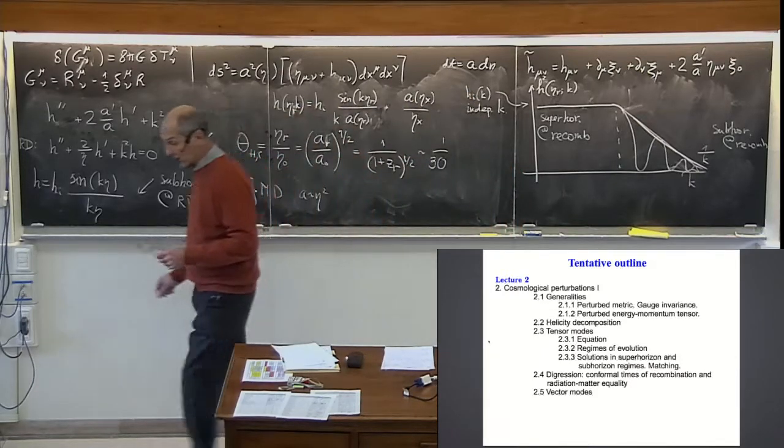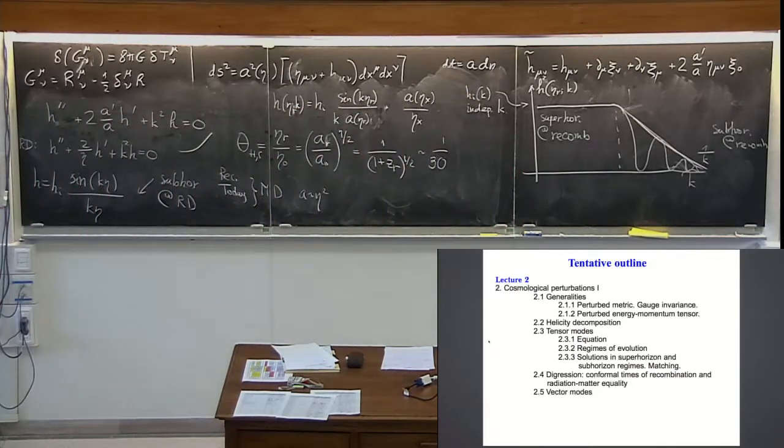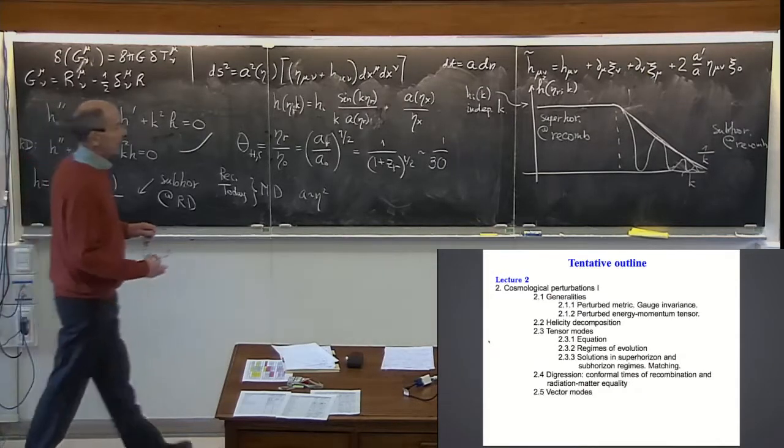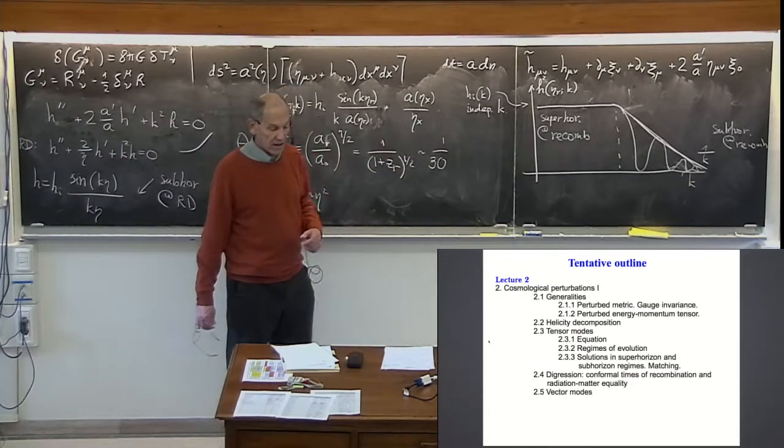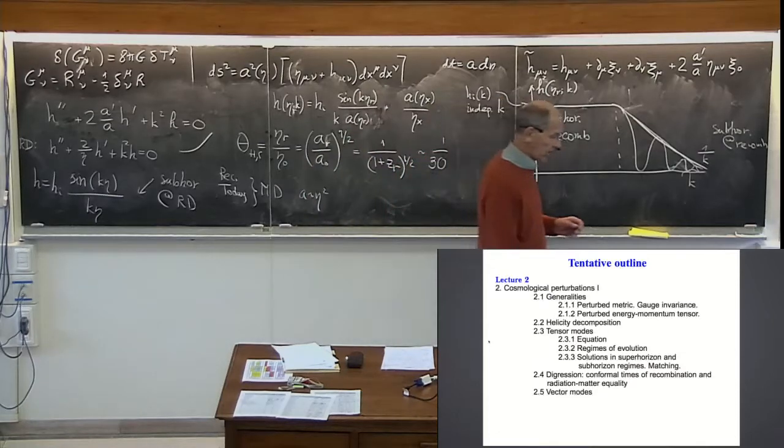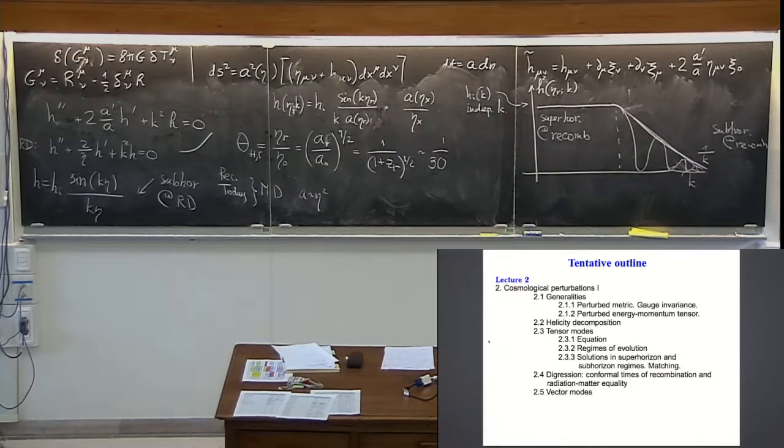This is a crude estimate. It's not quite correct. It just gives you an idea of what is the angular size of the horizon at recombination, as we see it today. It's about 1/30 of a radian.